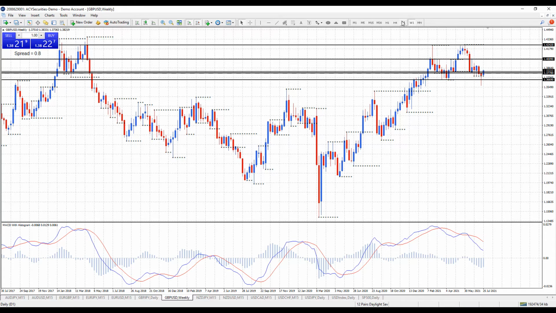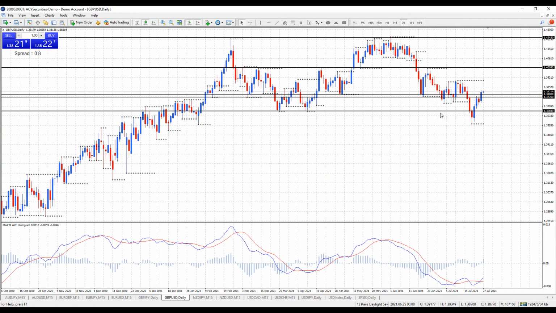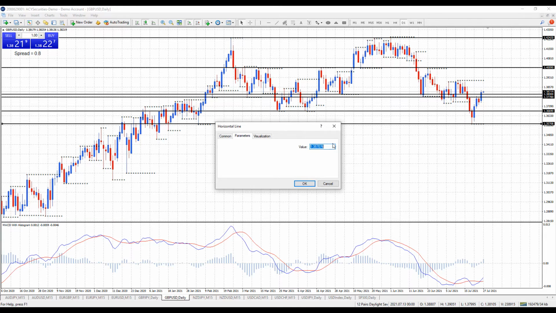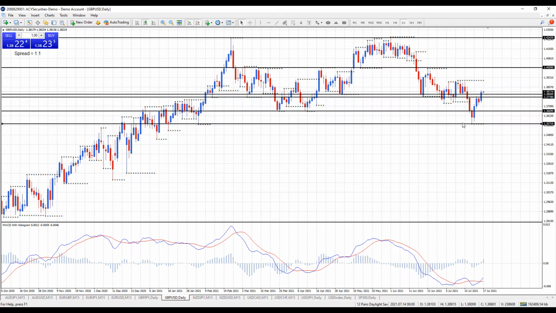MACD just showing you a downtrend. To the daily. Alright, just want to put in daily support down here. That's at 135.71. And a couple of resistance areas up here.